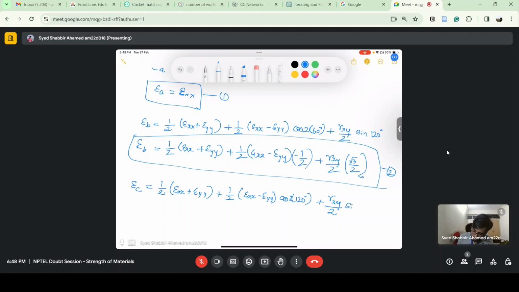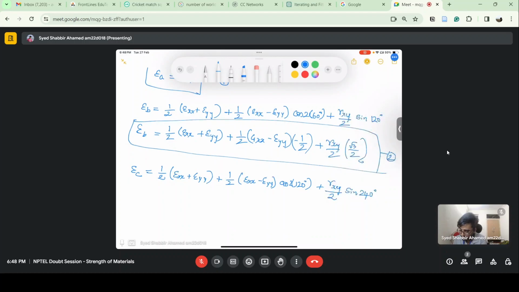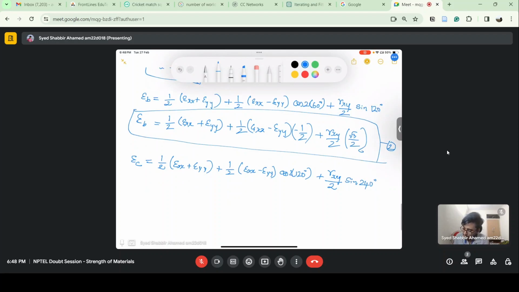sin, and just write it as 2 into 120, which is 240. So we get (epsilon xx plus epsilon y) by 2, plus 1 by 2 into (epsilon xx minus epsilon y), right?